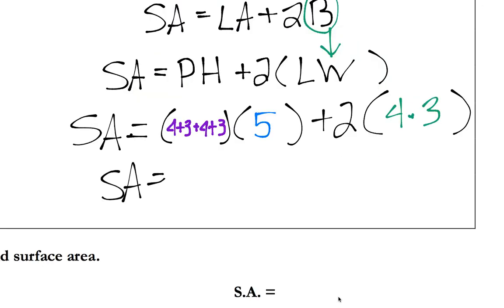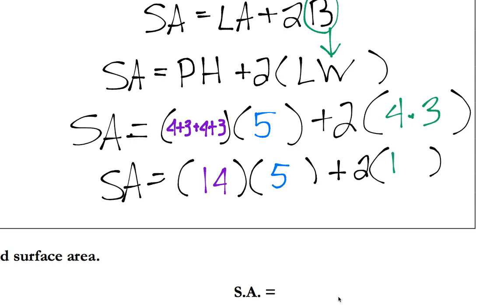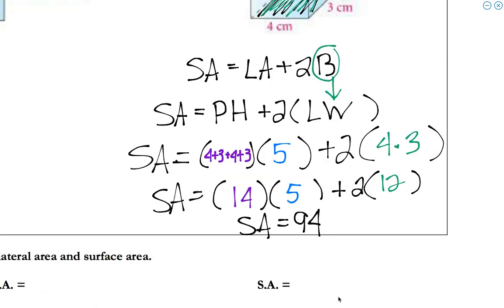So the surface area equals 14 times 5 plus 2 times 12. You guys can speed that process up as much as you want. That's 70 plus 24, so that's 94. And that's area. So that's going to be centimeters squared.